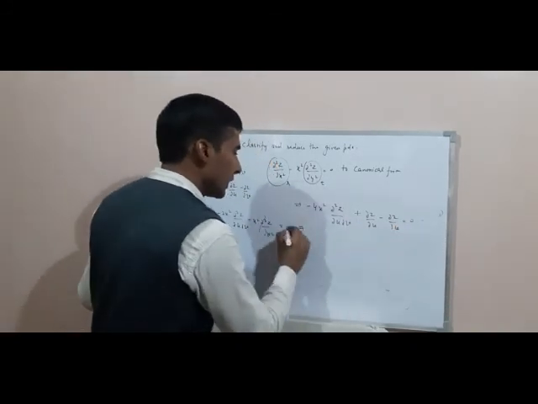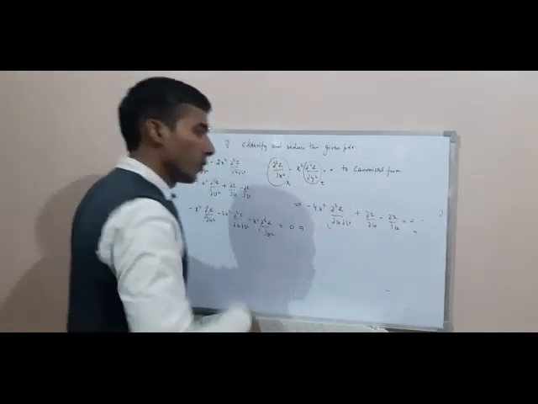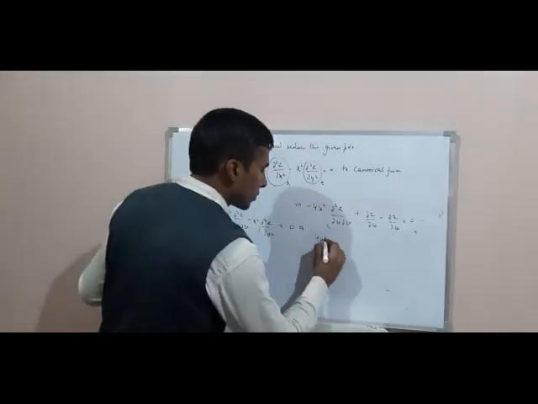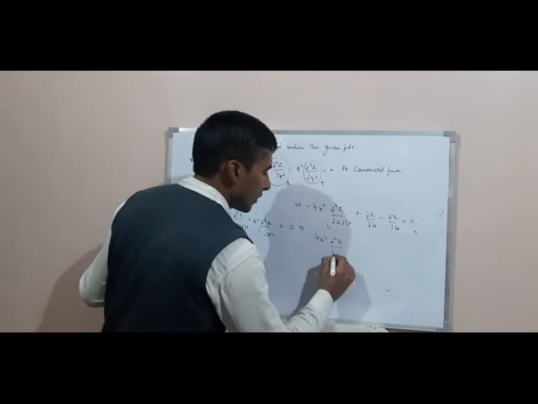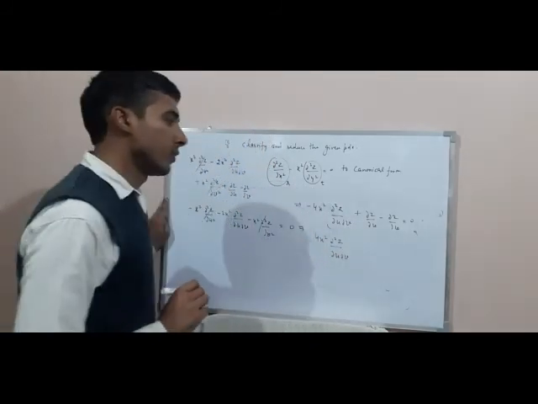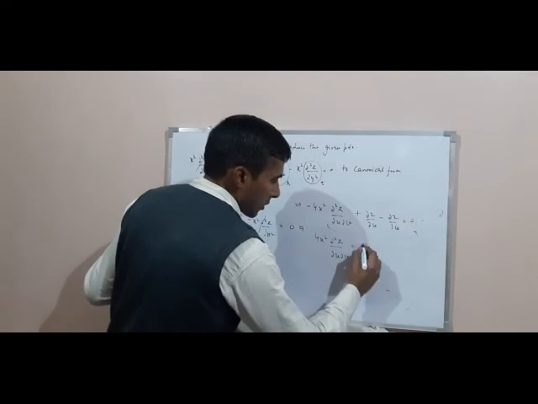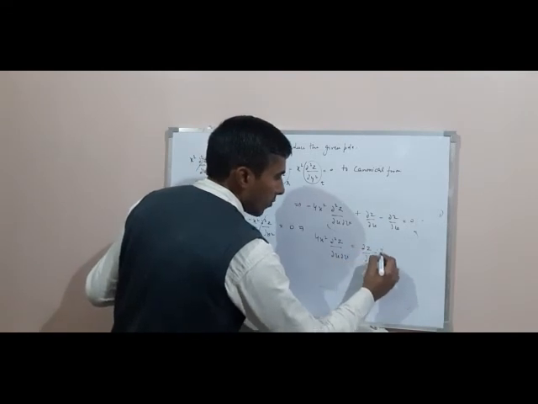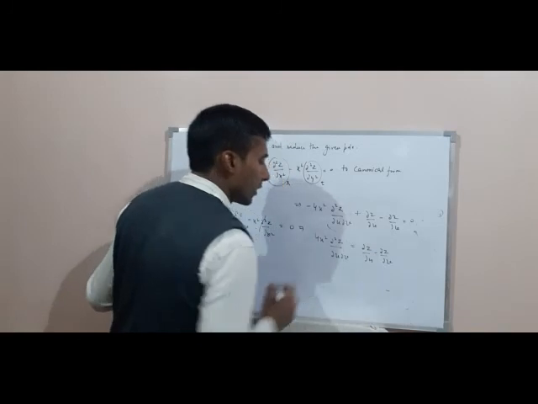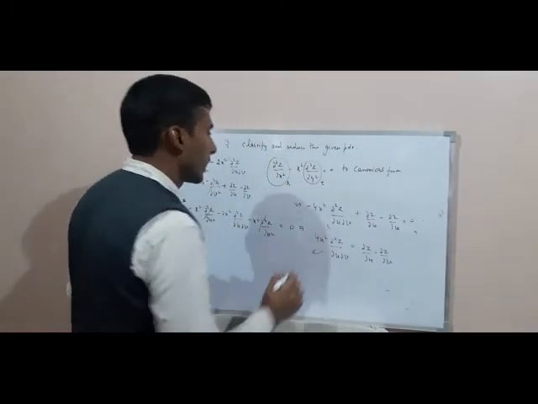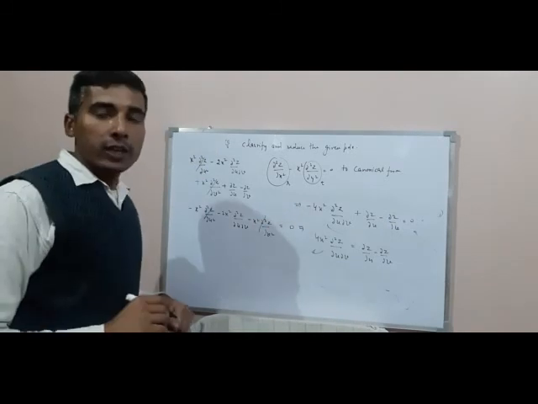So we can rewrite it as, take this on the right hand side, 4x square ∂²z/∂u∂v, and it can be written as ∂z/∂u minus ∂z/∂v.